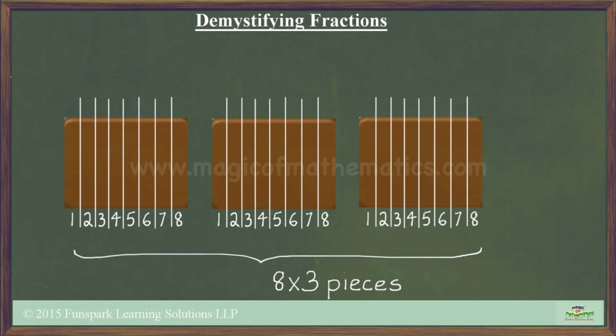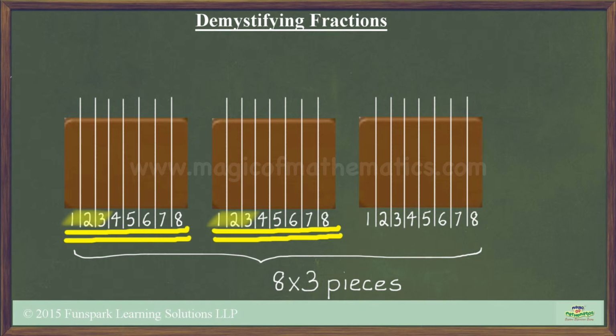We saw earlier that we are interested in only 2/3 of the original chocolate. That is, we are interested in only 2 of the original 3 pieces. And we know that we need to consider only 3 smaller pieces from each set of 8 smaller pieces that we have obtained by cutting the original 2 pieces of larger size.